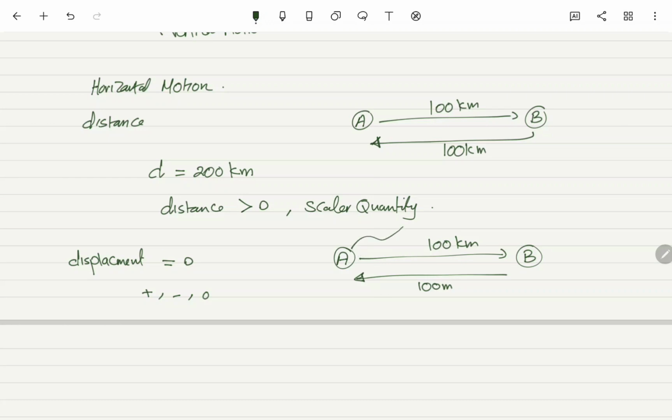So if you drive your car this way, it doesn't matter, as long as we care about the initial and final position. In this case, the displacement is equal to 0. Imagine you drive your car from home, go to different places, and come back to your home. The displacement in this case is equal to 0.